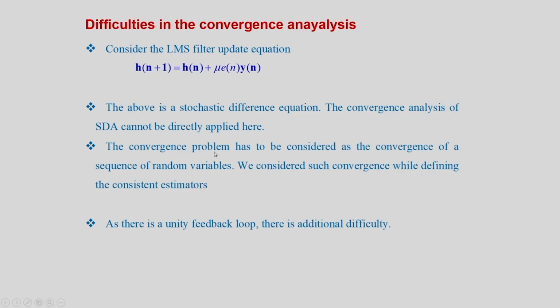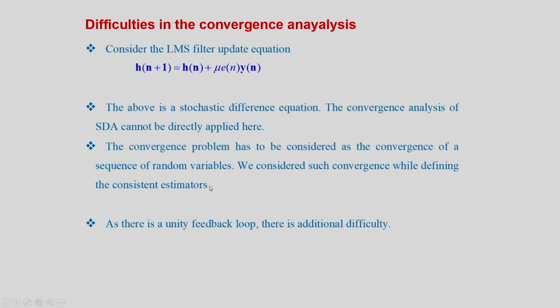The convergence problem has to be considered as the convergence of a sequence of random variables. This h(n) sequence is a sequence of random variables. We consider such convergence while defining the consistent estimators. There are different modes of convergence for a sequence of random variables.